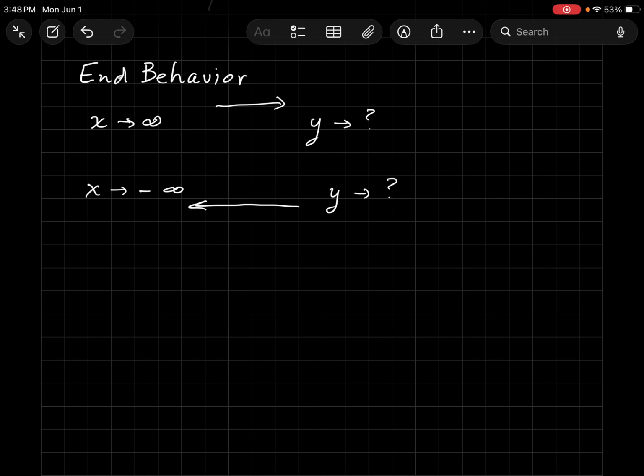Let's look at some end behavior specifically of our polynomials. And let's start with the graph f of x equals negative x cubed plus 3x squared plus 2x minus 5.